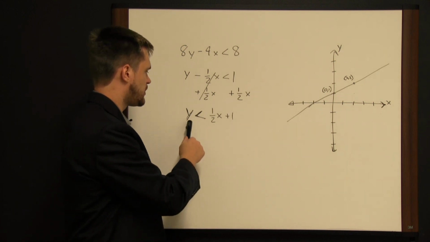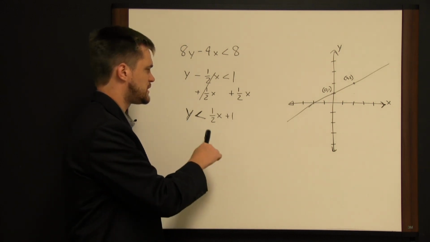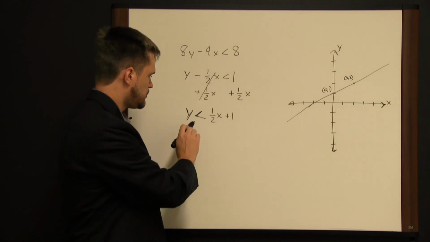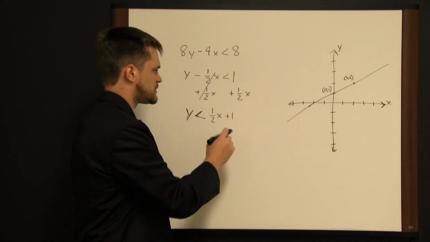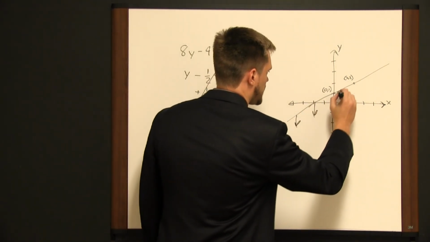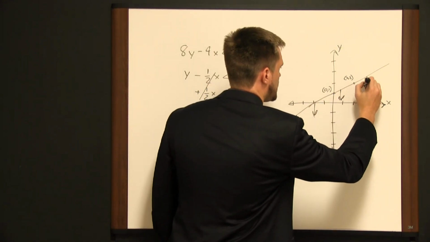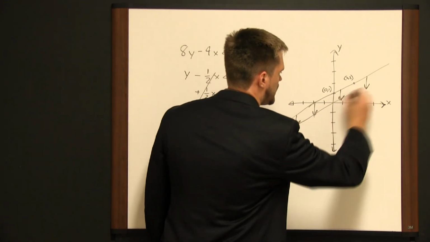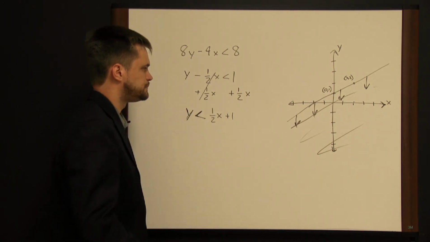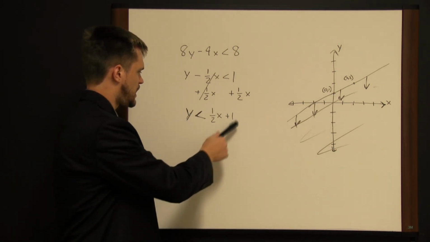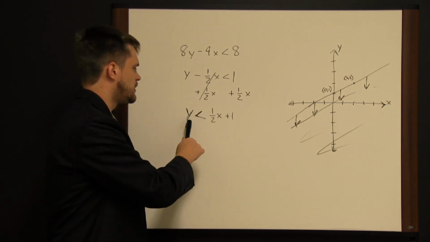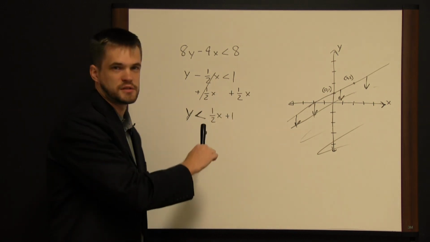So here we have a region of y that satisfies the equation for every given x. And that region, because y is less than this value, is everything where y has a lesser value than this line. So anything below this line, everything down in this region, satisfies this inequality. And so this is kind of how you can graphically show the solution set for a linear inequality such as this.